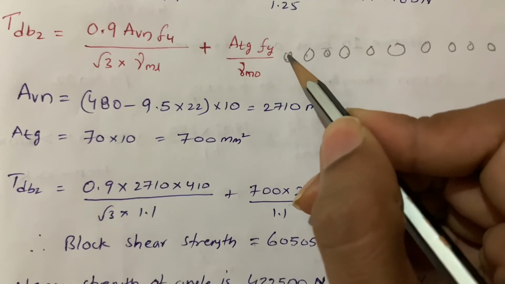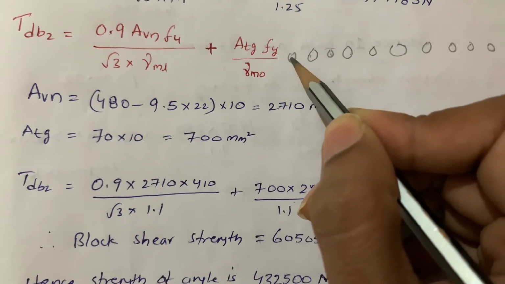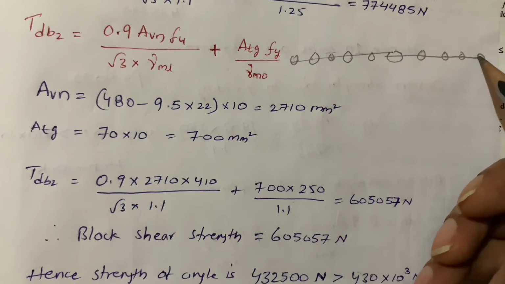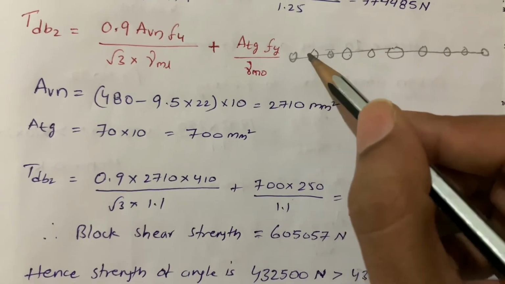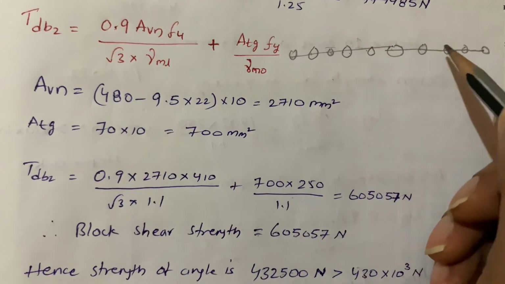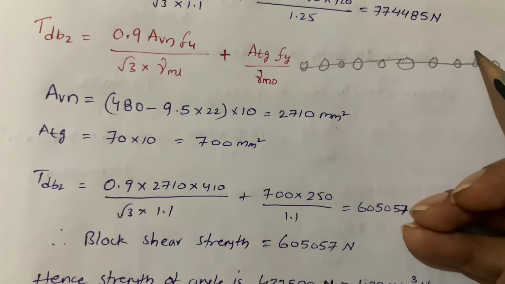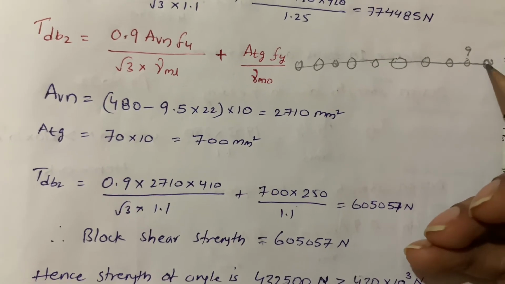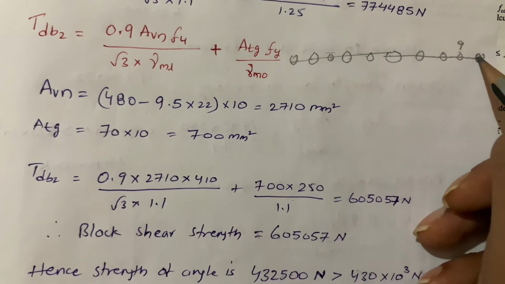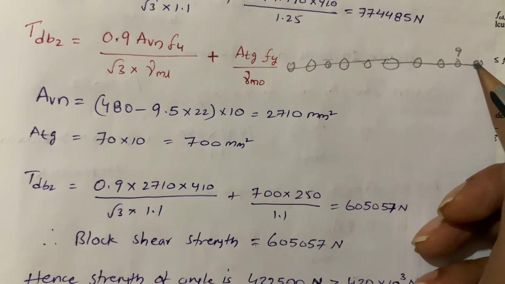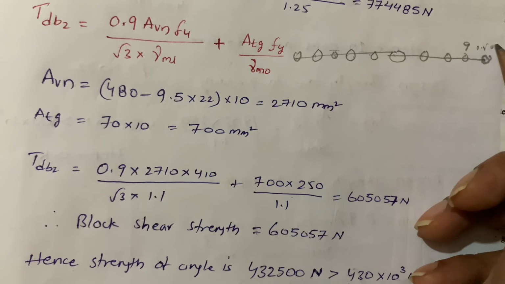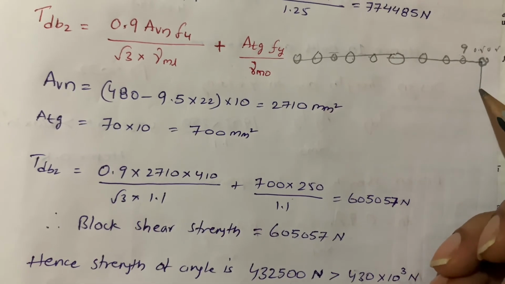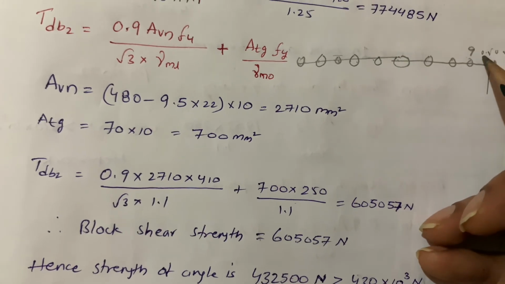So here the block failure will occur like this. It will fail like a block up to here, this bolt center. If I consider this as 1, 2, 3, 4, 5, 6, 7, 8, 9, 10, up to here 9 bolts, and for this bolt the failure is up to the center point only. So if I consider this as one part, it is 0.5 and this is 0.5. So 9, and the failure occurs at the last bolt center, that is 9 plus 0.5.